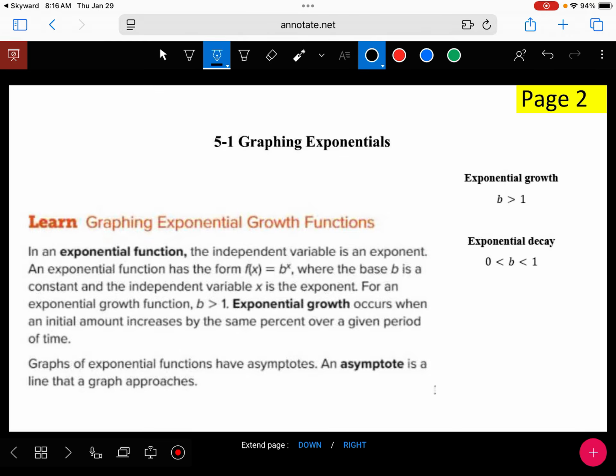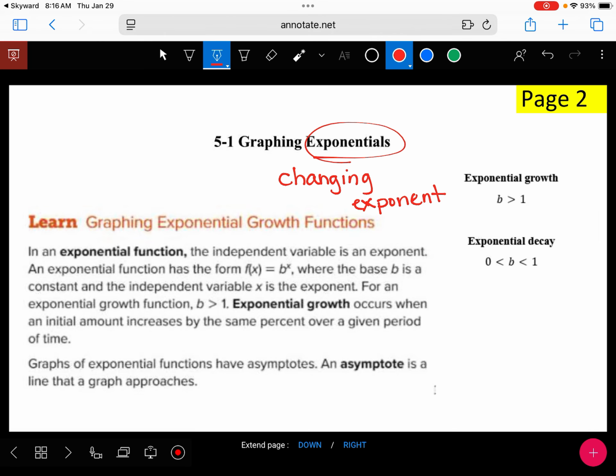So what is an exponential function? Just know that exponential function means that we have a changing exponent. That's all that means. Exponential, changing exponent.